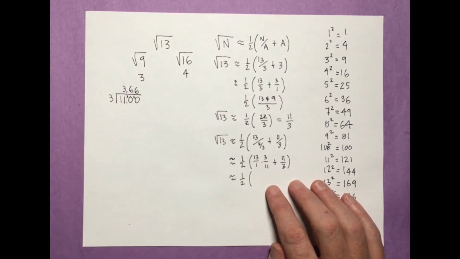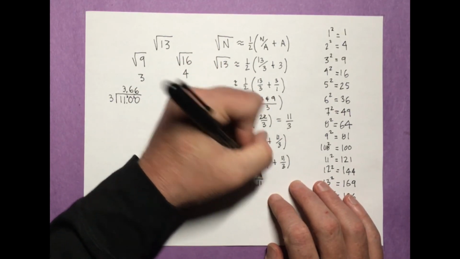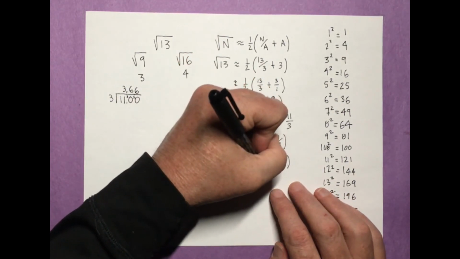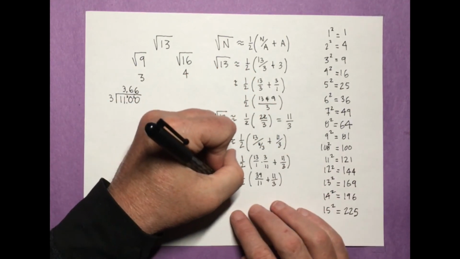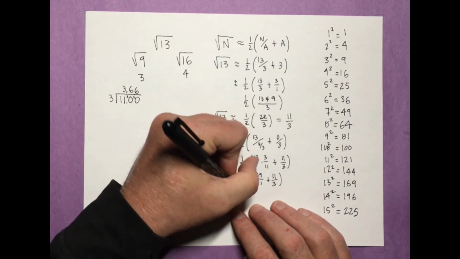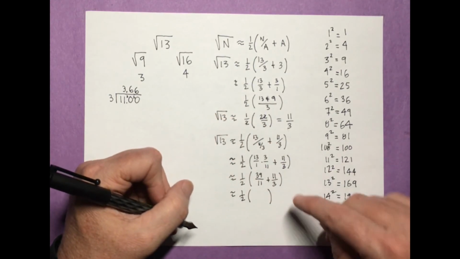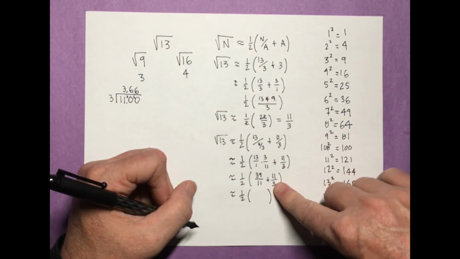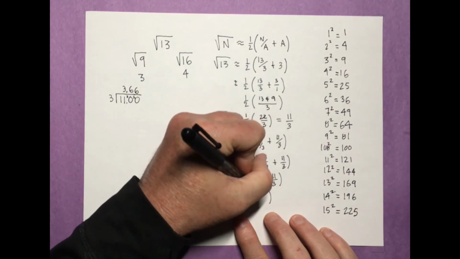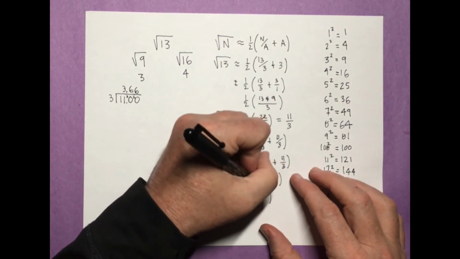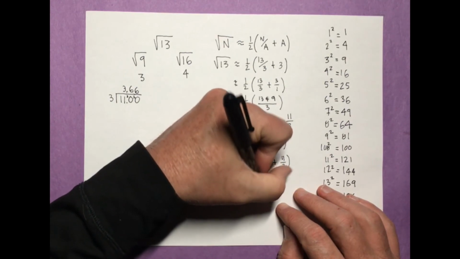That's 1/2. 13 times 3 is 39. 11 times 1 is 11. So this is 1/2 times 39/11 plus 11/3. And again, let's use our good friend, the butterfly method, to add those two fractions together. So the butterfly method says this should be 39 times 3, which is 117, plus 11 times 11, that's 121, over 11 times 3, which is 33.